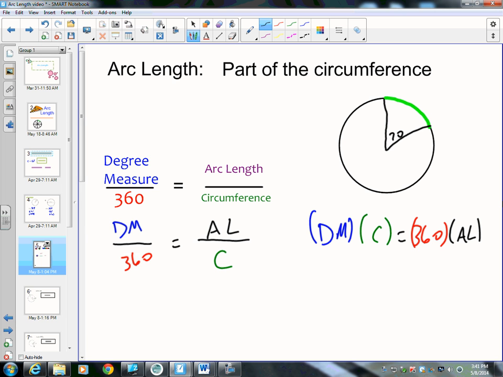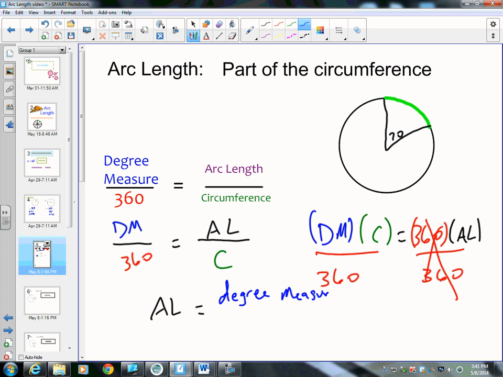So how do you get rid of 360? Well, we need to divide by 360 on both sides. So these cancel, so we end up getting arc length is equal to our degree measure, I'm going to write the whole word, degree measure, divided by 360. This is being multiplied by our circumference.